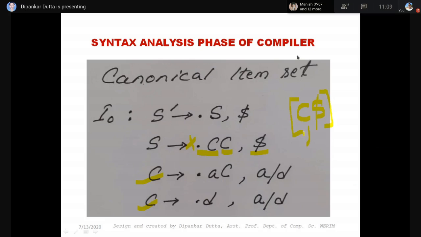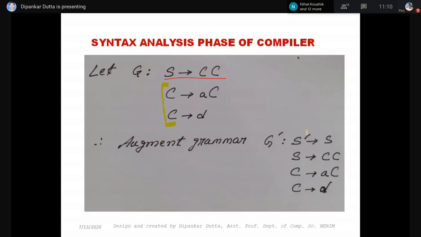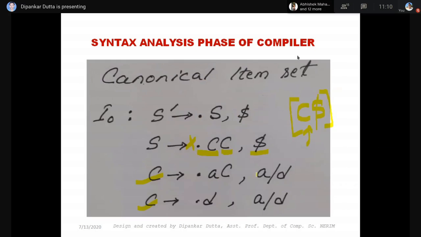First of C, because one symbol C is there. First of C is what? From the grammar we can see, first of C is A and first of C is D. That is why we placed A oblique D.